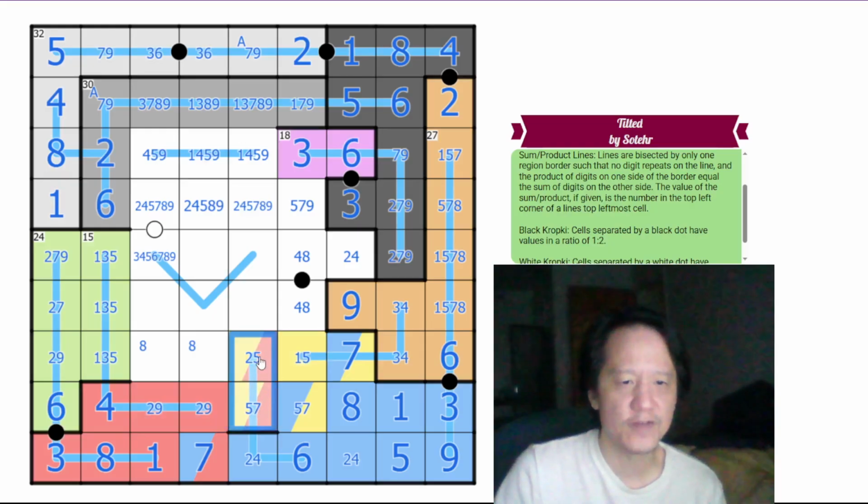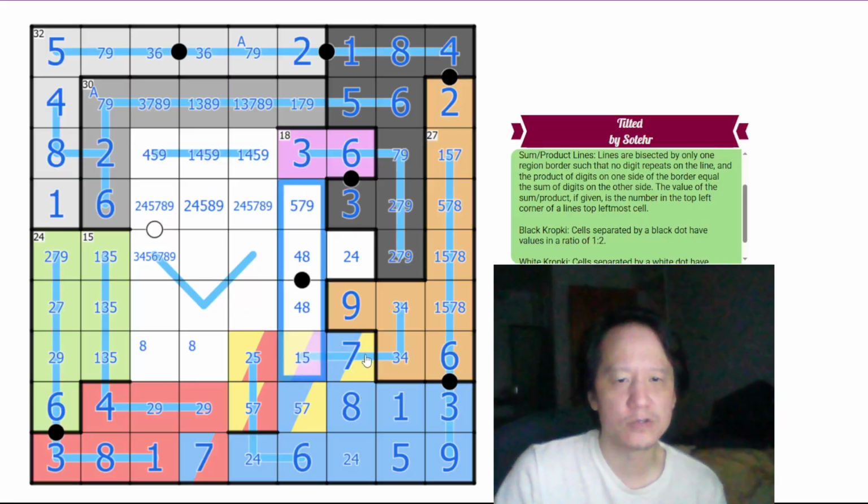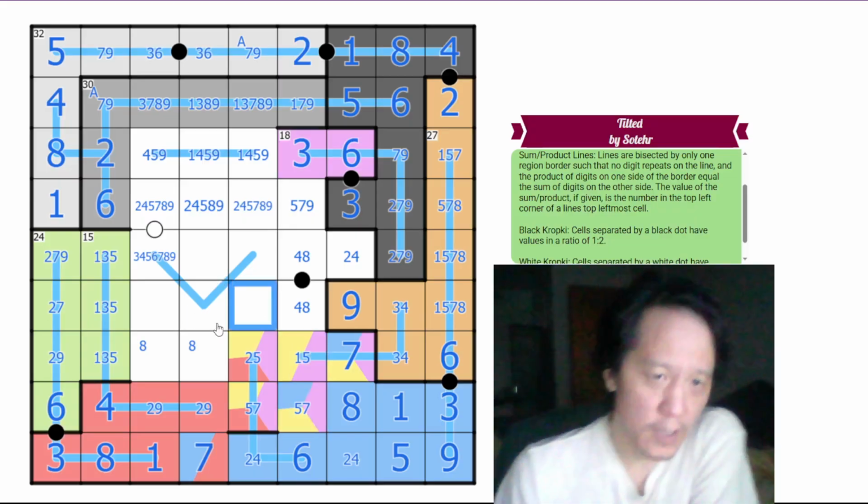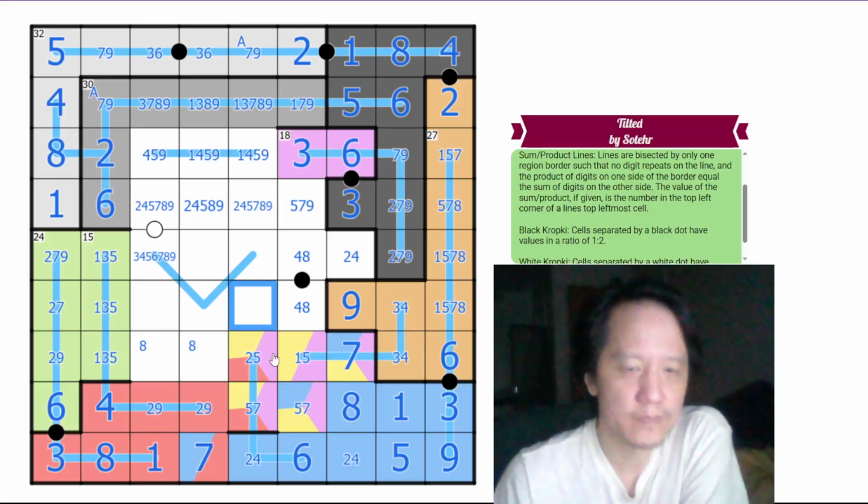And this would be 5, 7, and then that would be 1 with it. So this is yellow or pink. Pink could go here too, actually. This could technically be pink. Okay.